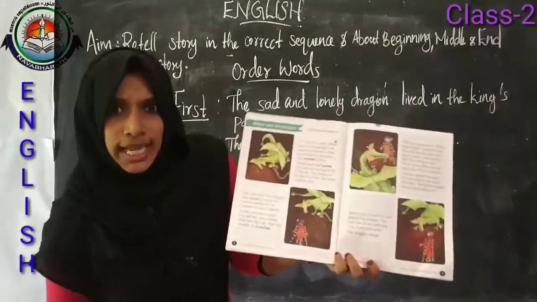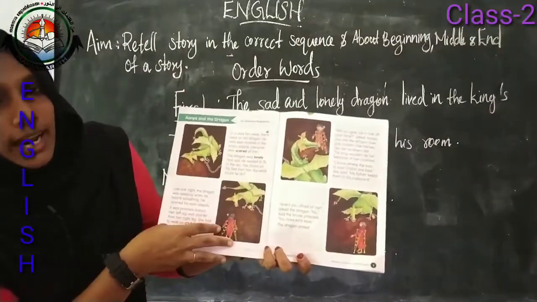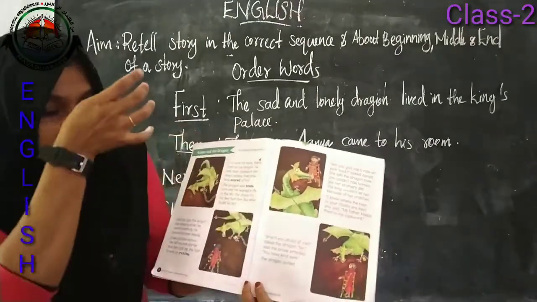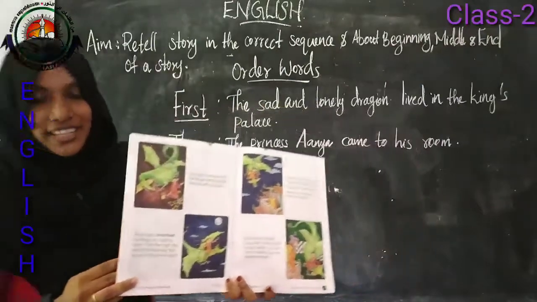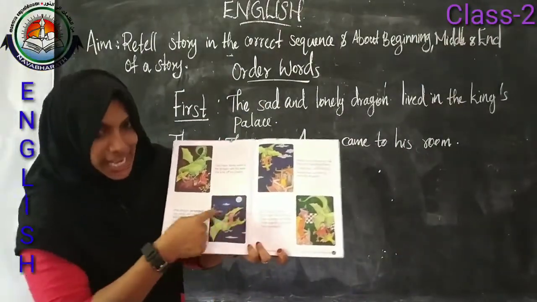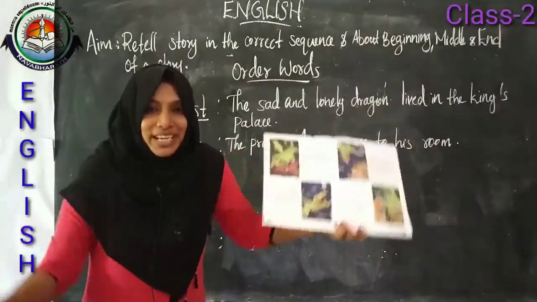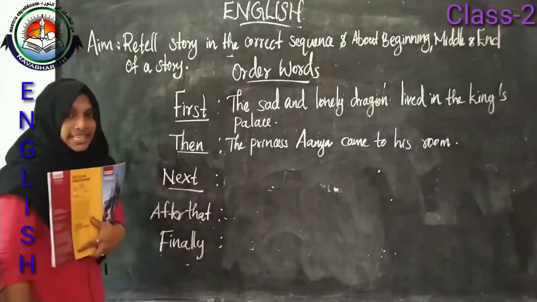Then let's see what happened next. Here, when Anya enters his room, she is doing something. Yes, let's turn the page. Here, yes, she opened the chain and they both flew around.